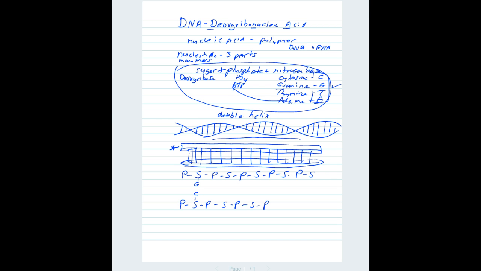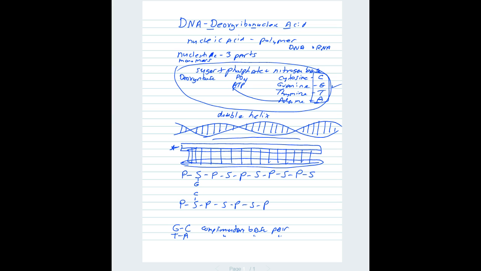Now, C and G is what we call a complementary base pair. And A and T is also a complementary base pair.